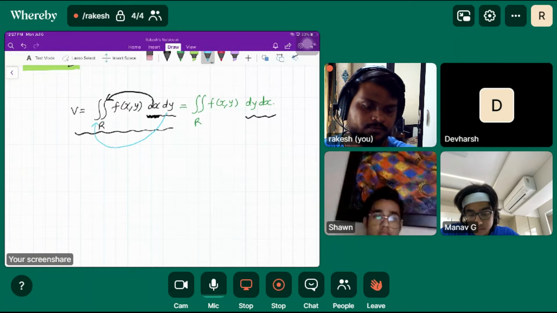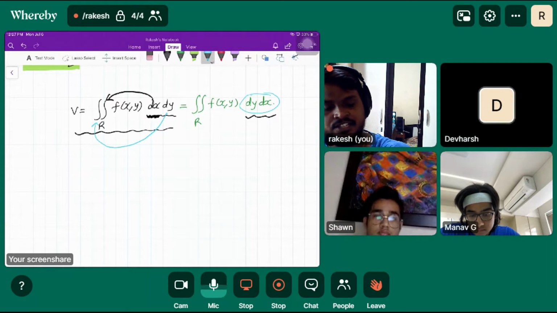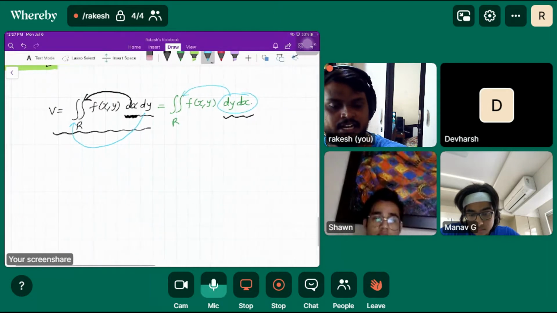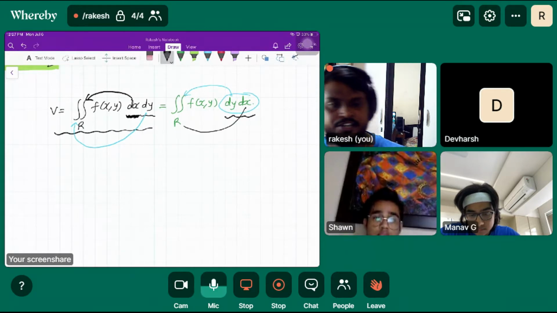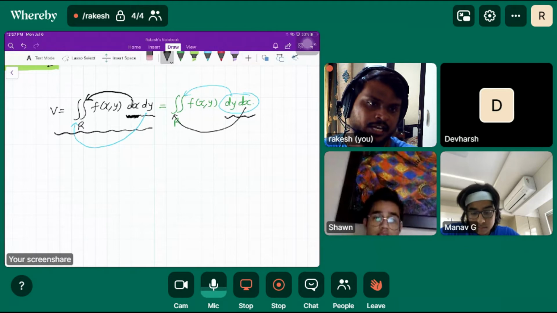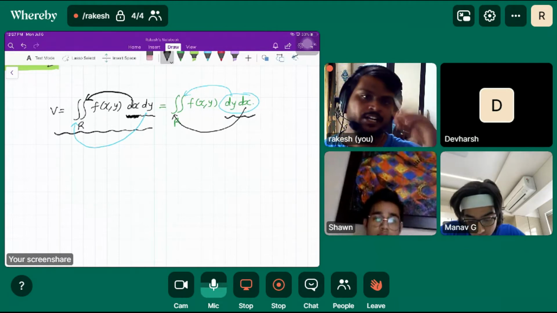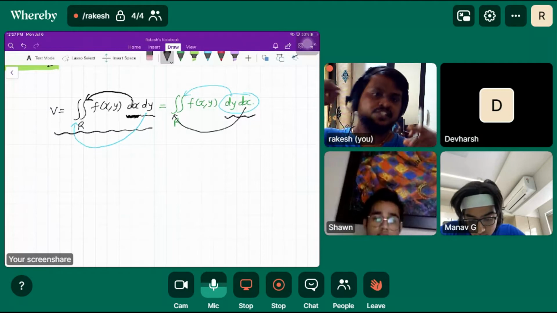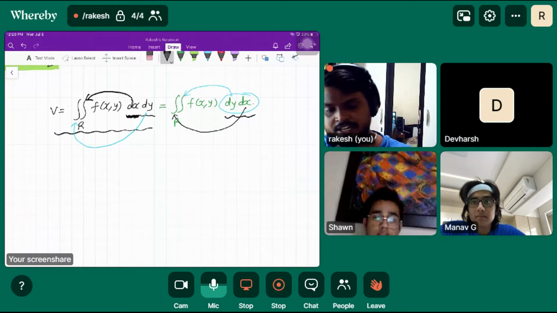So we can definitely write dy dx, but then this dy will correspond to the inner integral sign, and this dx will correspond to the outer integral sign. How do we make a difference while writing that? Because we are not specifying the region properly, we just mentioned R. So how do we write that?